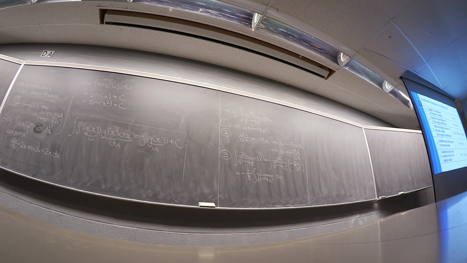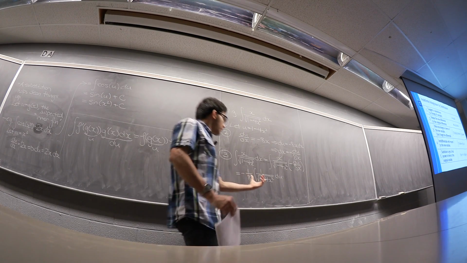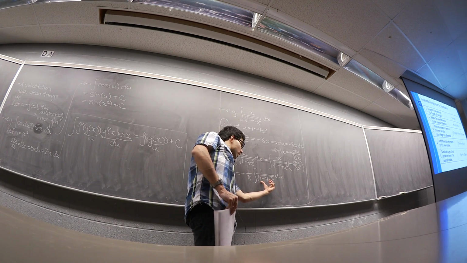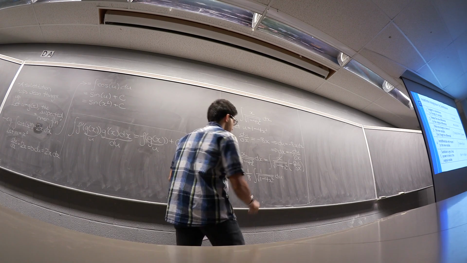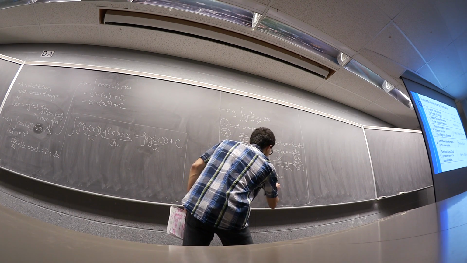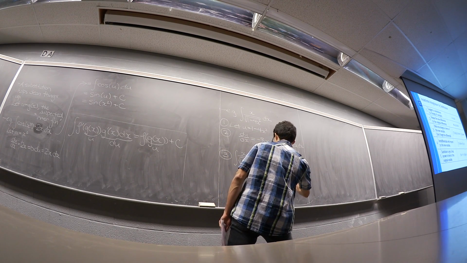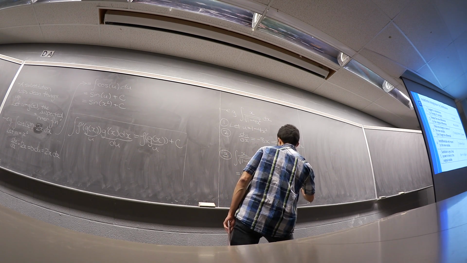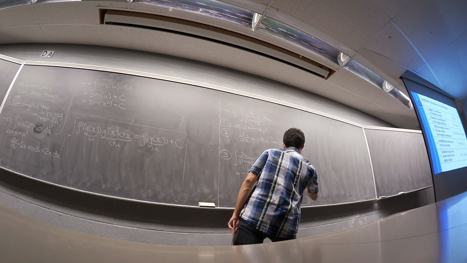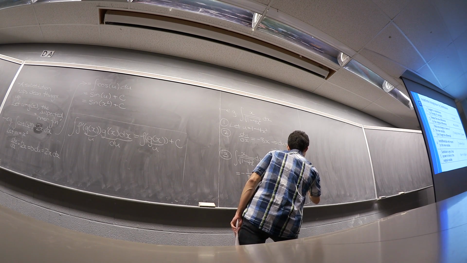We're not done yet. Not everything's in terms of u. That's u there, so we'll replace this guy too. That guy's u. So I can write this as minus 1 over 8 integral of 1 over square root u du.